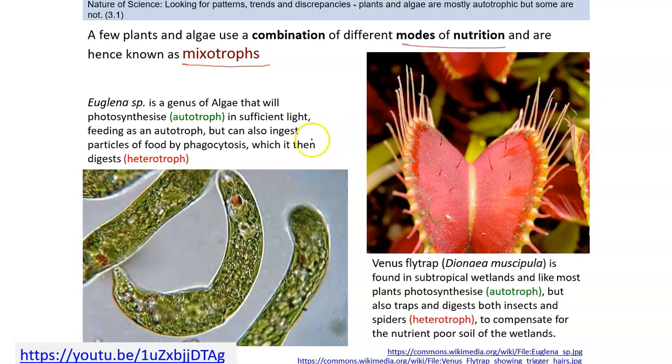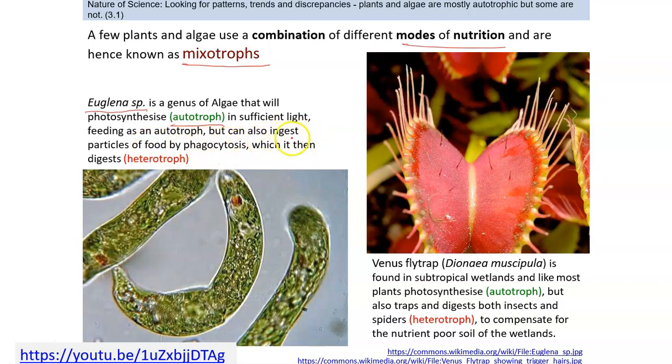What does that mean? There is a species which is called Euglena. Euglena is a genus of algae here, and it can do photosynthesis. You can see that it's green, so it has the ability to produce sugar by itself. So it does photosynthesis, so we call it an autotroph in sufficient light.